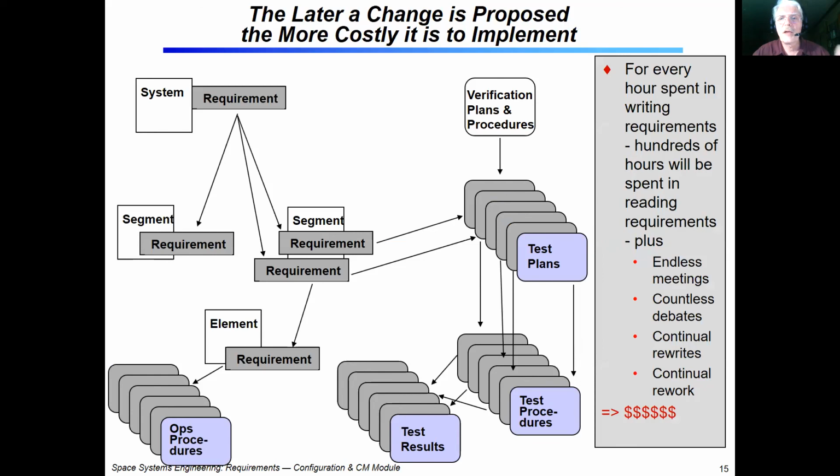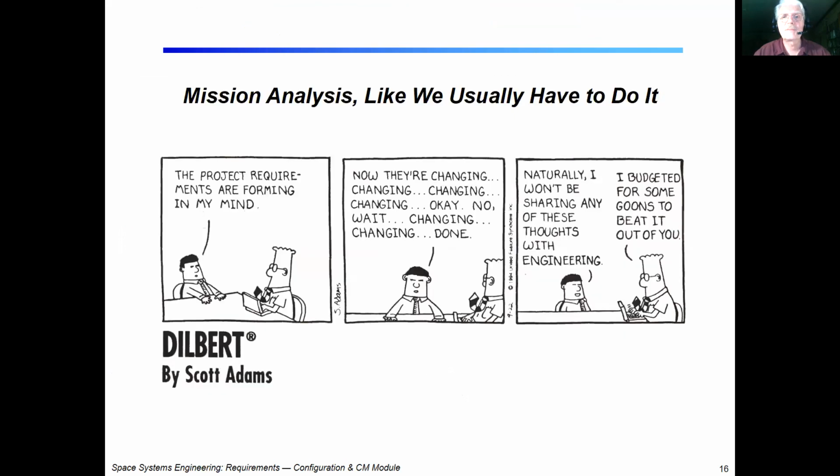And this is another example: the later you get into a project, the more expensive it is for a change to occur. So making certain you get a necessary and correct change in place is very, very important as a project becomes more mature.